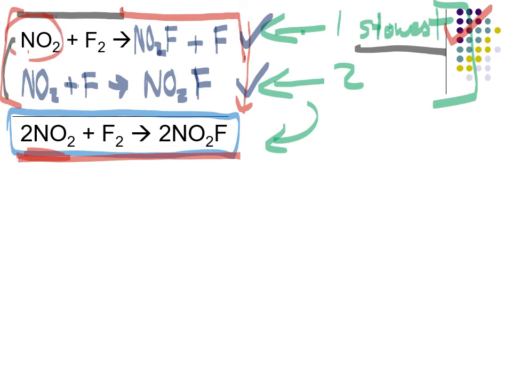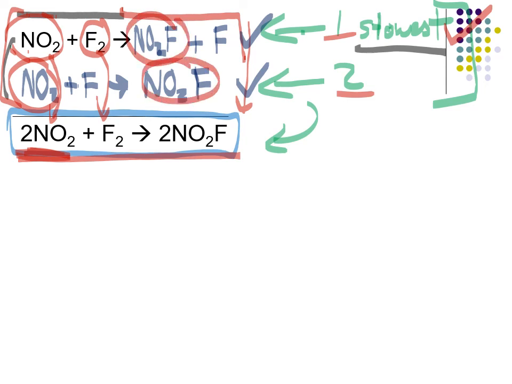I have an NO2 already, one of them. And if I add a second one, those are going to add up to give me my 2 NO2s. So that's great. I know I have an F2 on the left-hand side, and it's going to sum up if I add those two steps, step 1 and step 2 of the mechanism. That F2 will end up at the bottom here. I also have an NO2F and an NO2F, so they're going to add up to give me my 2 NO2Fs.